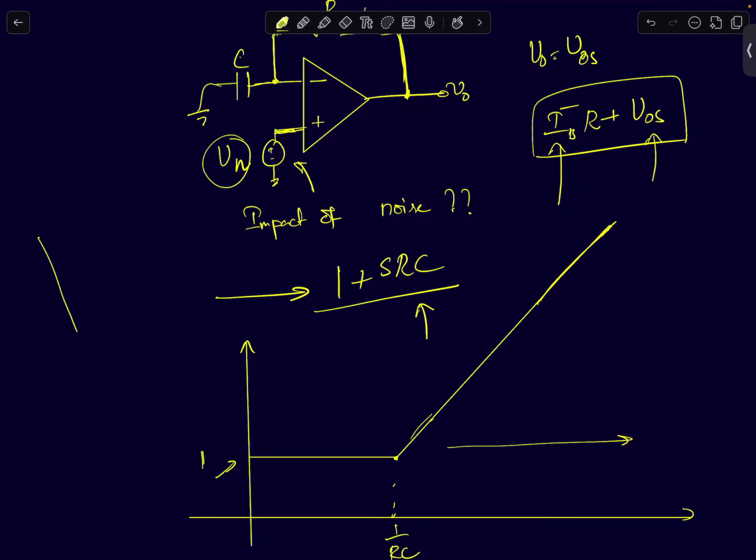If you feed any noise into this, and noise generally has two flavors, flicker noise or thermal noise, and thermal noise will have energy for all frequencies, then all these high frequency noise components will get amplified significantly. So the problem for differentiators is noise.